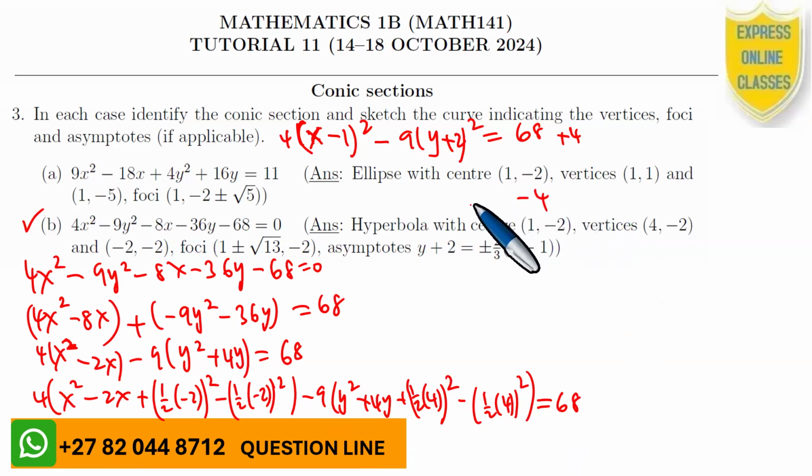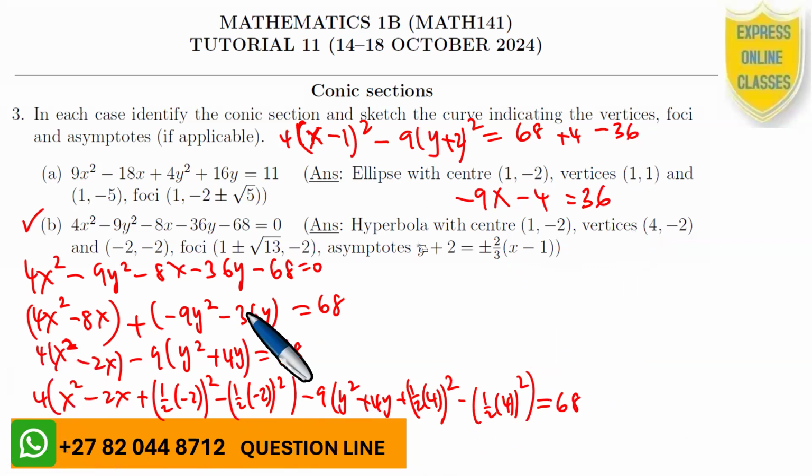We have minus 4, but we multiply it by minus 9. Minus 4 multiplied by minus 9 becomes exactly 36, a positive 36, but if you move it to the other side, it will become negative.